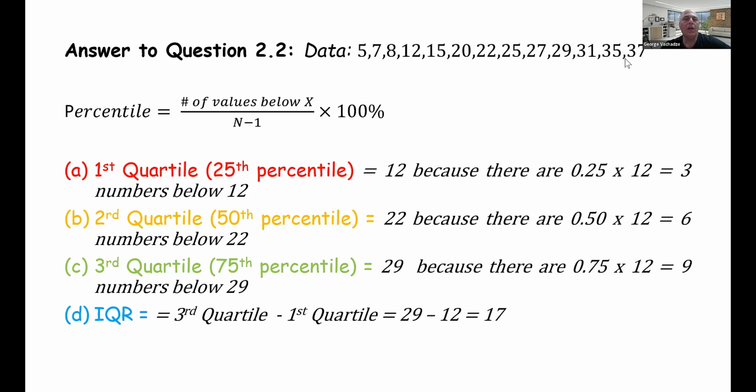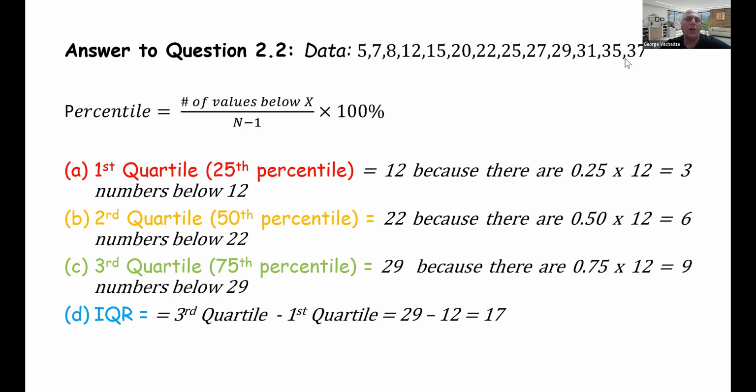So which data point stands in the fourth position, so that there are 3 numbers below it in the ranked series? That is clearly 12, because below 12 there are 3 numbers. So 12 is the first quartile, or the 25th percentile.